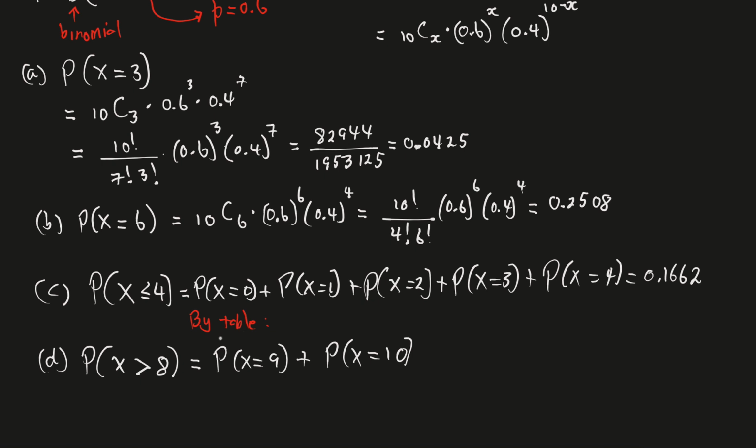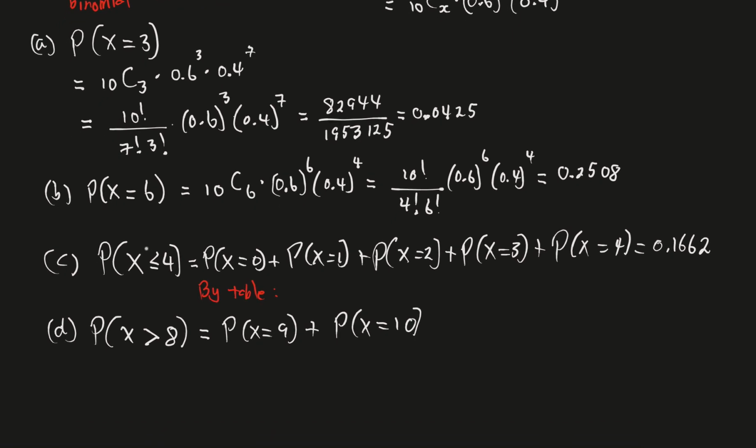But just to give you another example using the table, I'll show you how we can do that. Now, because of how the CDF is defined, the table will give you probabilities that your random variable is less than or equal to a specific number.